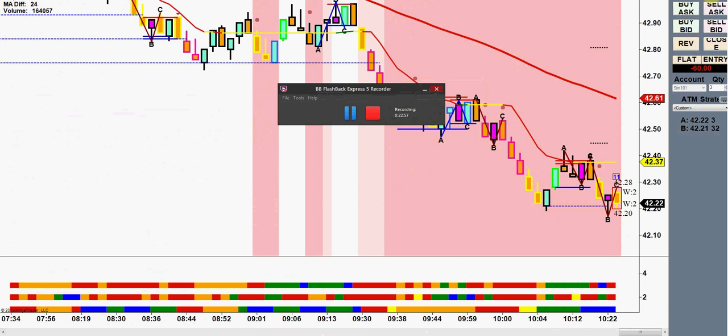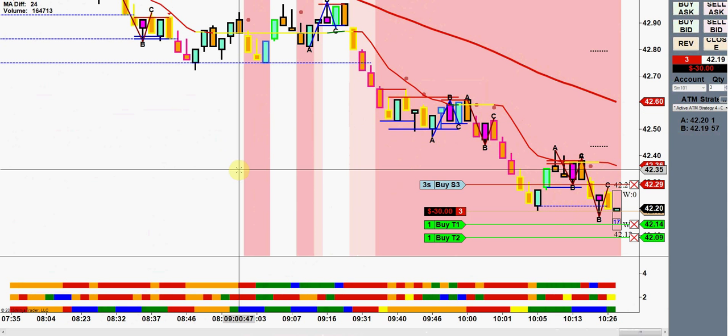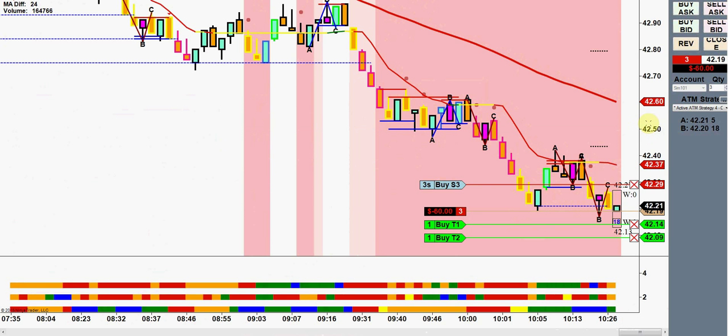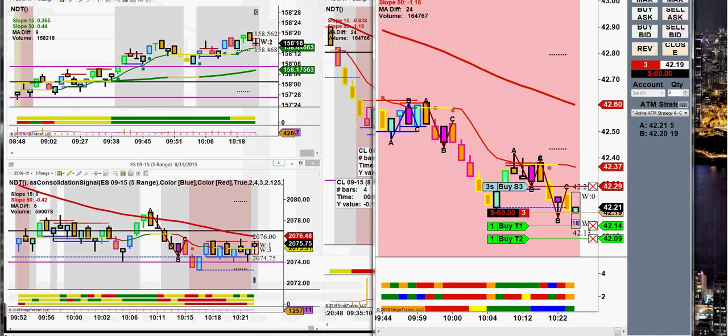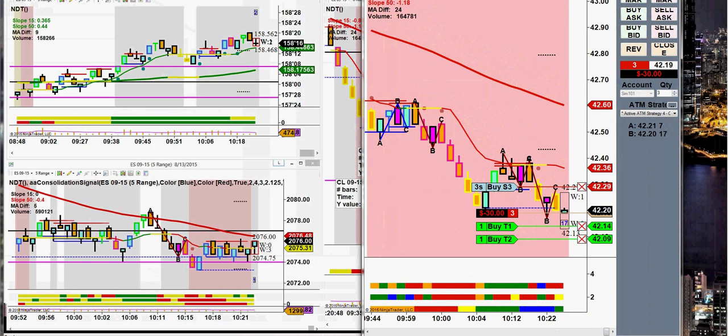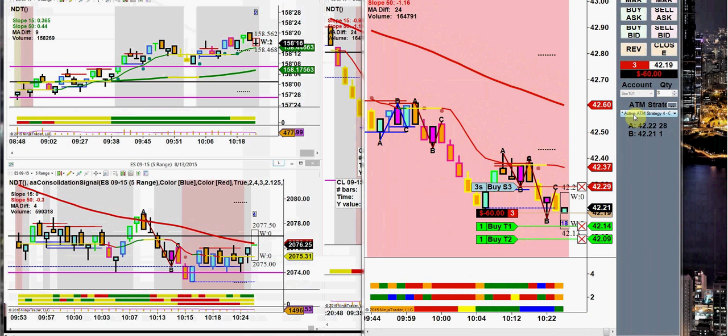Alright, let me pause it. I'll come back once we get entered into the trade here. This is taking longer than I thought it would to finish up. We're filled. Alright, we just got filled on crude here, guys. And again, I'm taking every trade exactly as they call it in the room here.